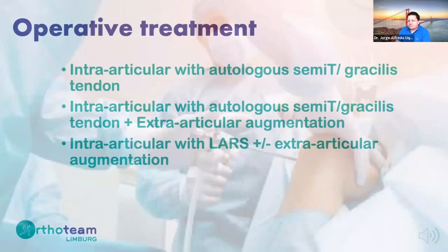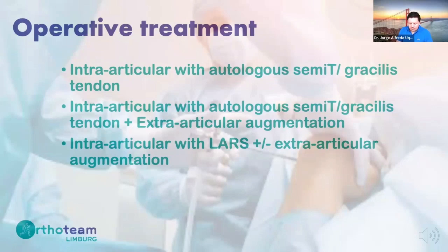We reviewed our patients a few years ago and we did a retrospective study. In this study we had one group who was operated only intra-articular with, at that time, autologous CMIT and gracilis tendon. And the other group were patients who were operated on intra-articular with autologous CMIT gracilis tendon plus an extra-articular monoloop reconstruction.